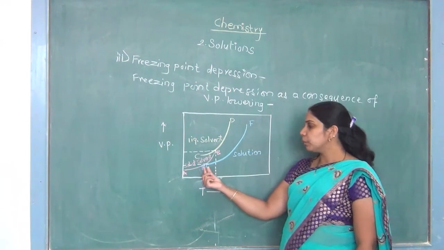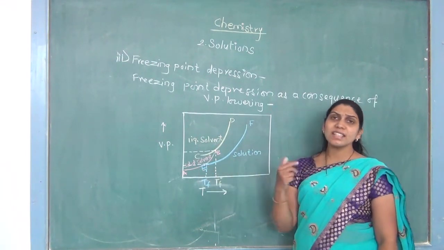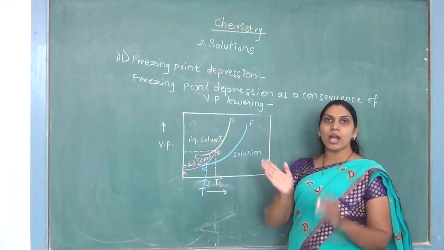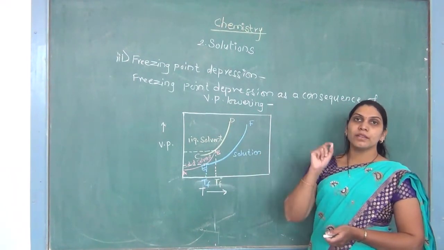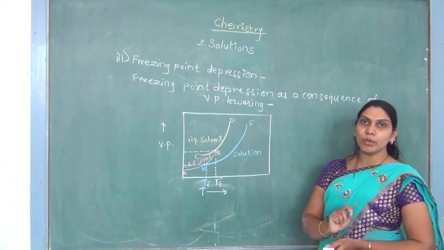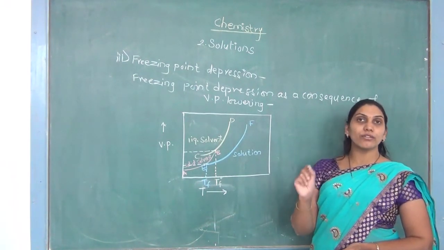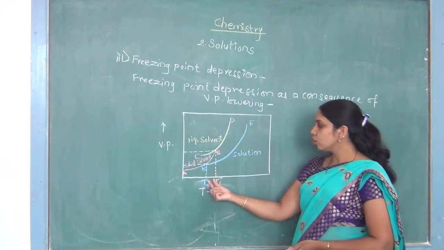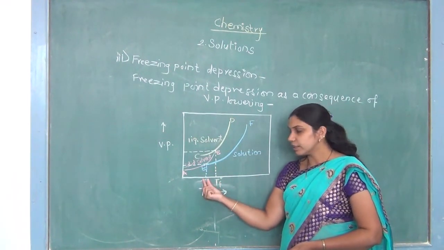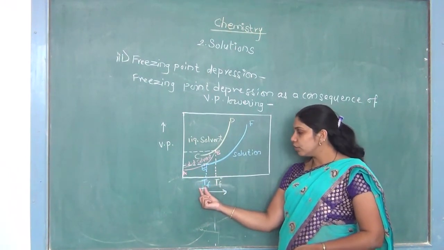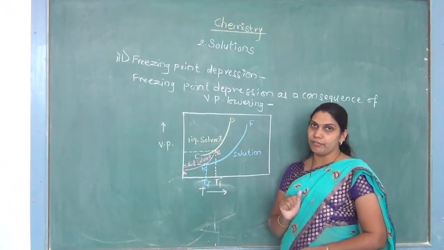So at point E, as the vapor pressures of the solid and the liquid solution are the same, the temperature corresponding to that point will be the freezing point of the solution, which is denoted by TF.